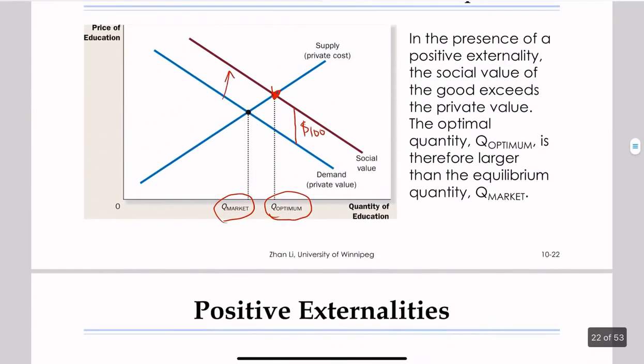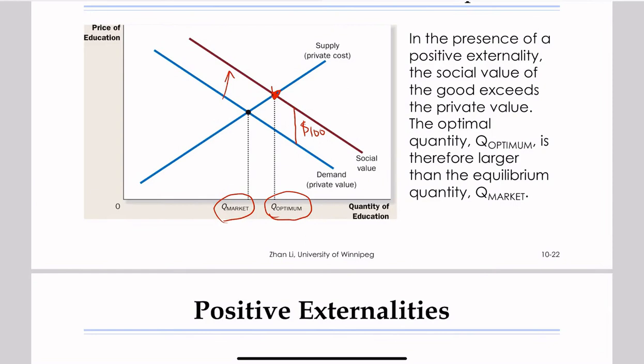If you compare this example with the pollution case, you can see that in the pollution case, the market equilibrium quantity is inefficiently large. It's too large. So what you would do is you will use tax to shift the supply curve to the left. And in the positive externality case, the market quantity is inefficiently small.